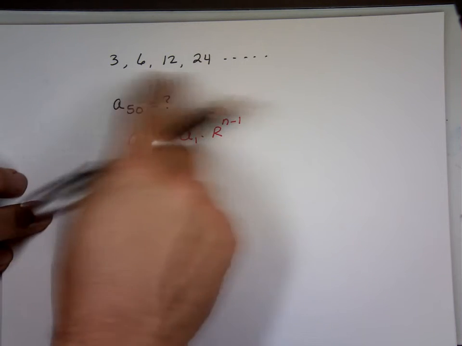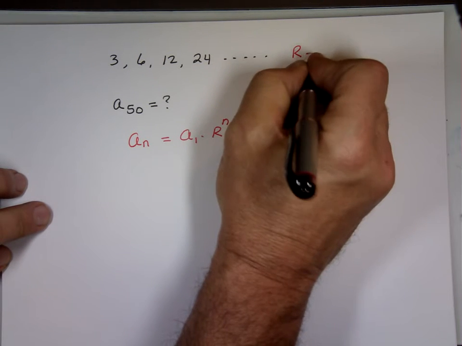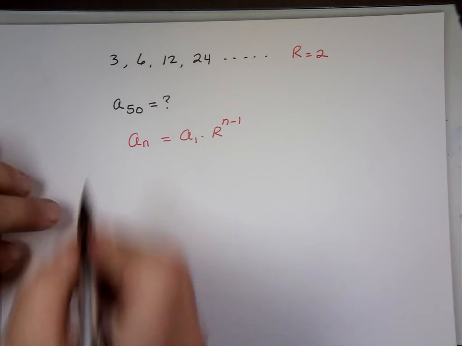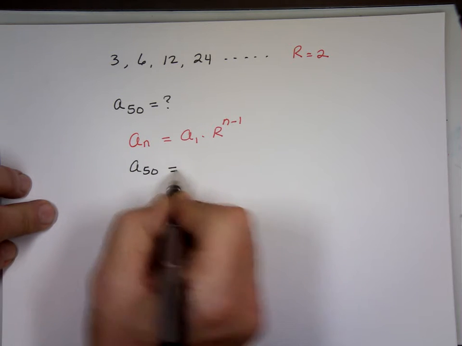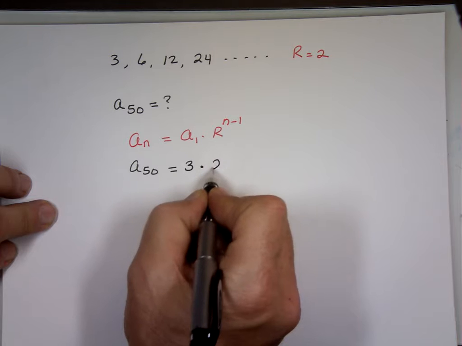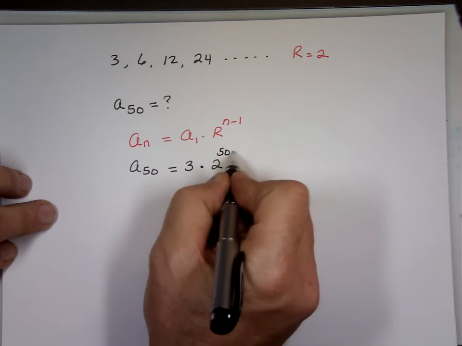What was r for this example? r equals 2, right? So let's see. I want to find the 50th number. It's going to be the first number, which is 3, times r, which is 2, to the power of 50 minus 1.